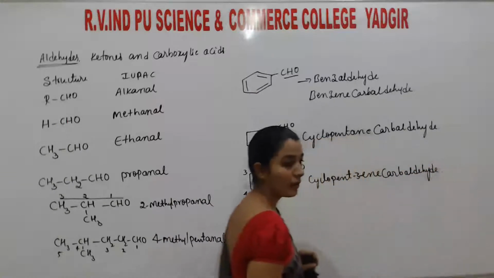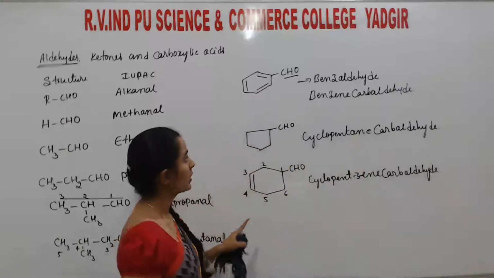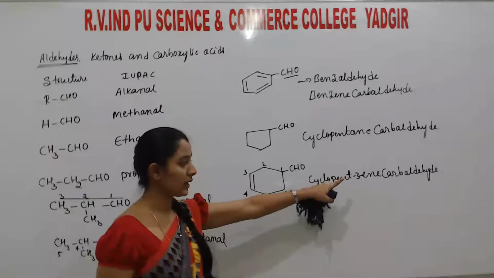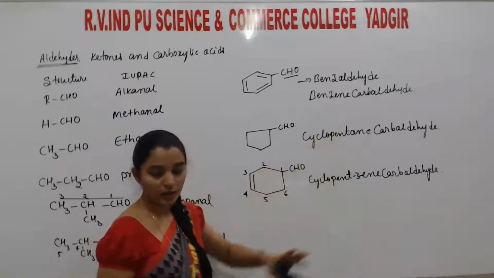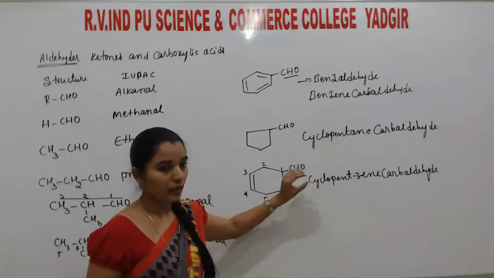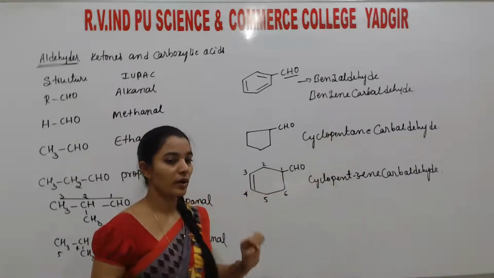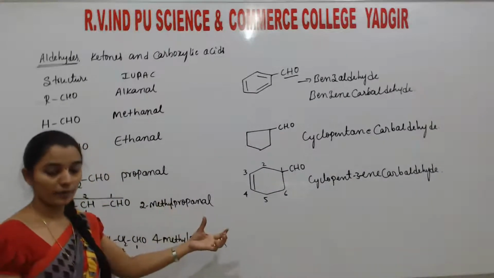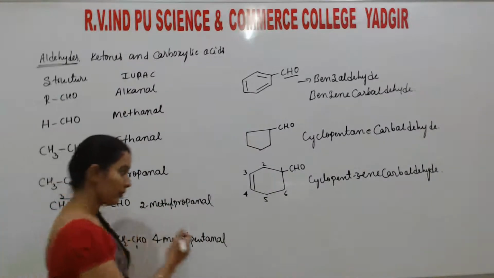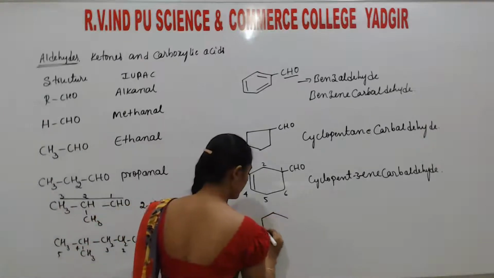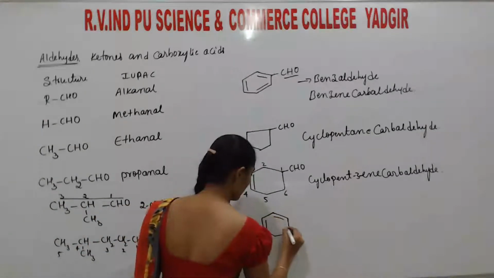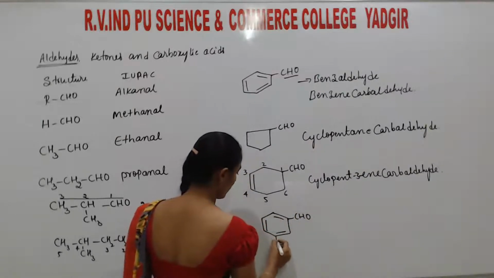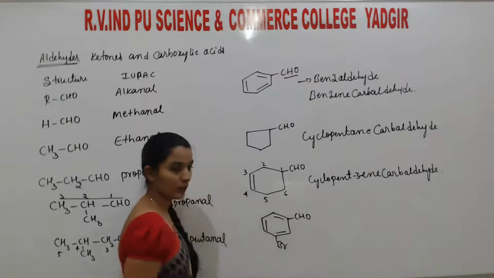Means if aromatic compounds or cyclic compounds are there to which a CHO group is attached, that is named as cyclopent-3-ene carbaldehyde. The benzene ring or any cyclic compound, a parent chain followed by carbaldehyde. But if it is an aliphatic compound, it is alkanal. Okay. So another example, if we take this.